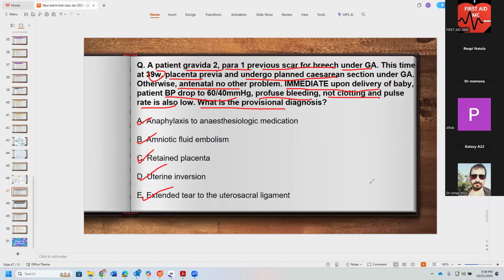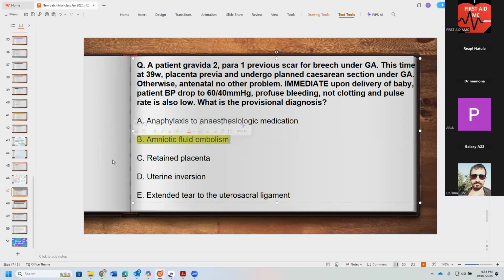Profuse bleeding, I agree. Hypotension, I agree. But you should be having tachycardia instead of bradycardia. It's DIC. Very good, Dr. Sapphire. DIC happens in which of the following conditions? Amniotic fluid embolism. Yes. Very good. So this is amniotic fluid embolism.